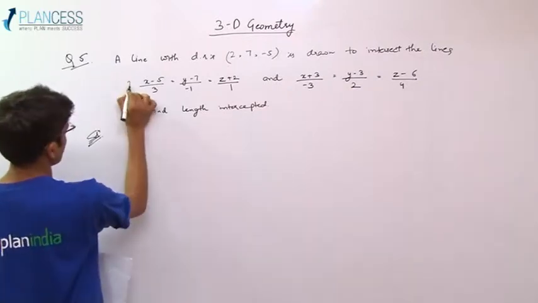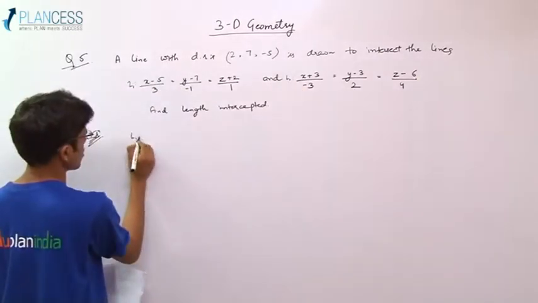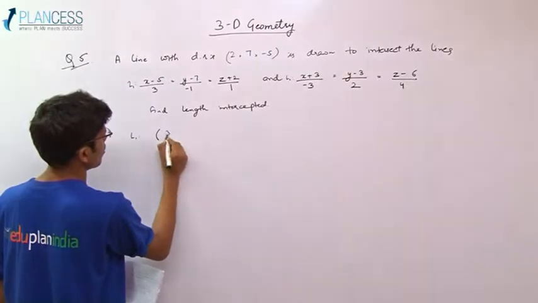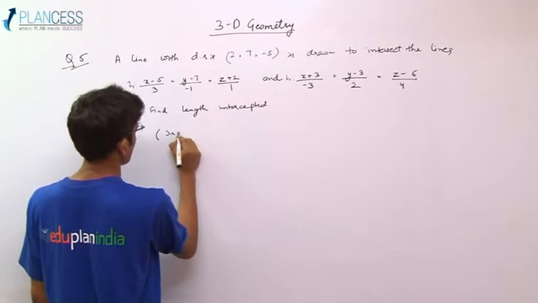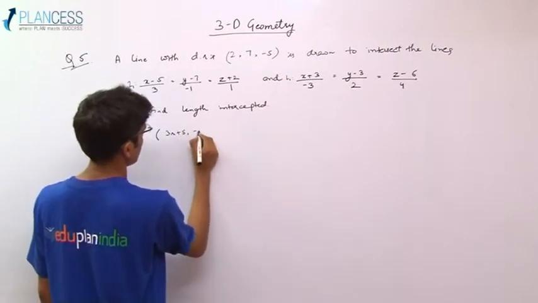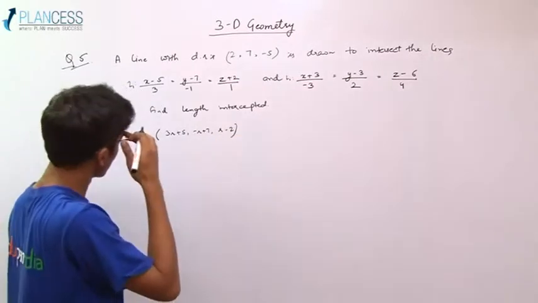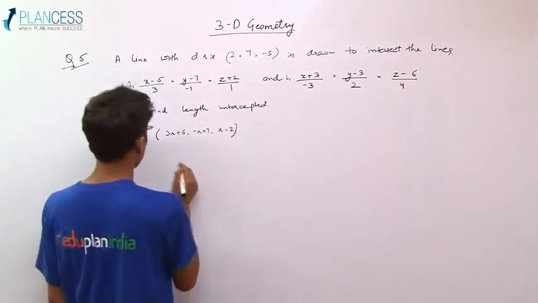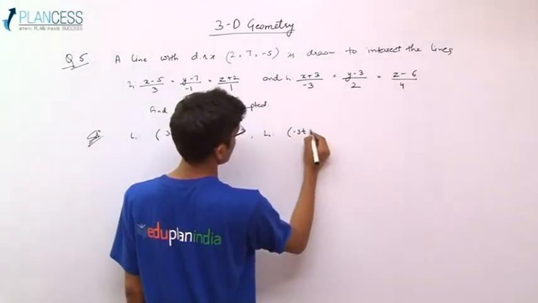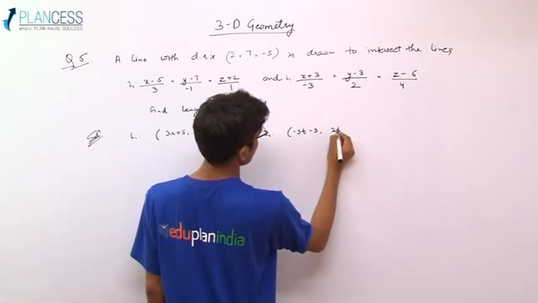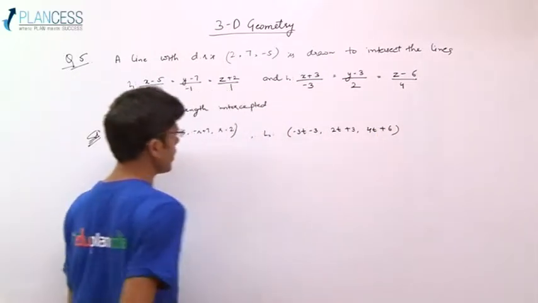So let's say this is line L1 and this is line L2. Any point on line L1 is (3r plus 5, minus r plus 7, r minus 2), and any point on line L2 is (minus 3t minus 3, 2t plus 3, 4t plus 6). r and t are parameters.